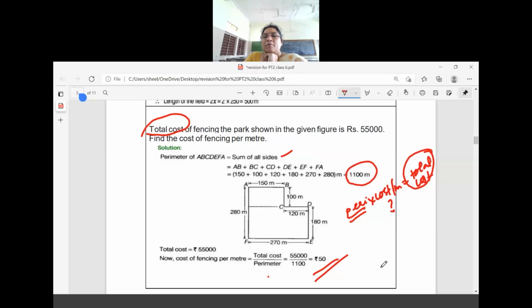So from the diagram you are getting the length of the sides, which means we can calculate perimeter only. So perimeter into cost per meter is equal to total cost only, right? So from this, cost of fencing per meter equals total cost by perimeter, that is equal to rupees 50. Okay.